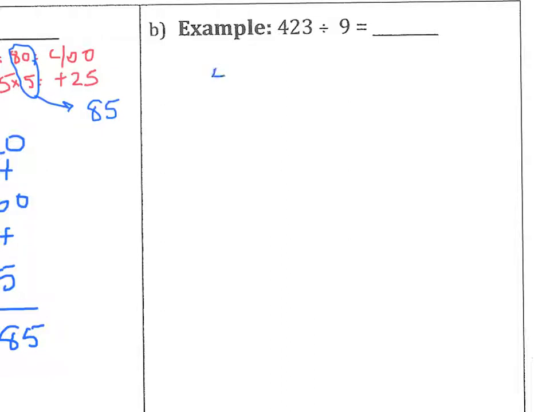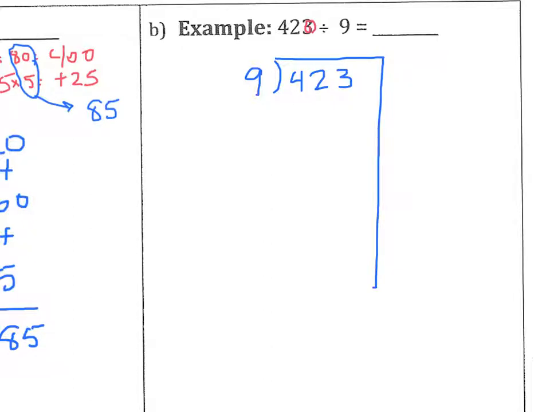423 divided by 9. Whoops, messed that up. Now, one of the things that I like to do if I look at something like this is I like to say, okay, well that's about 420, and that's about 10.